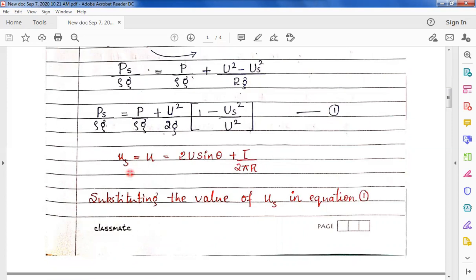Next, what they have told here is us is equal to 2u sine theta plus circulation divided by 2 pi r. So in the place of us you have to put this equation here, substituting the value of us in equation number 1.